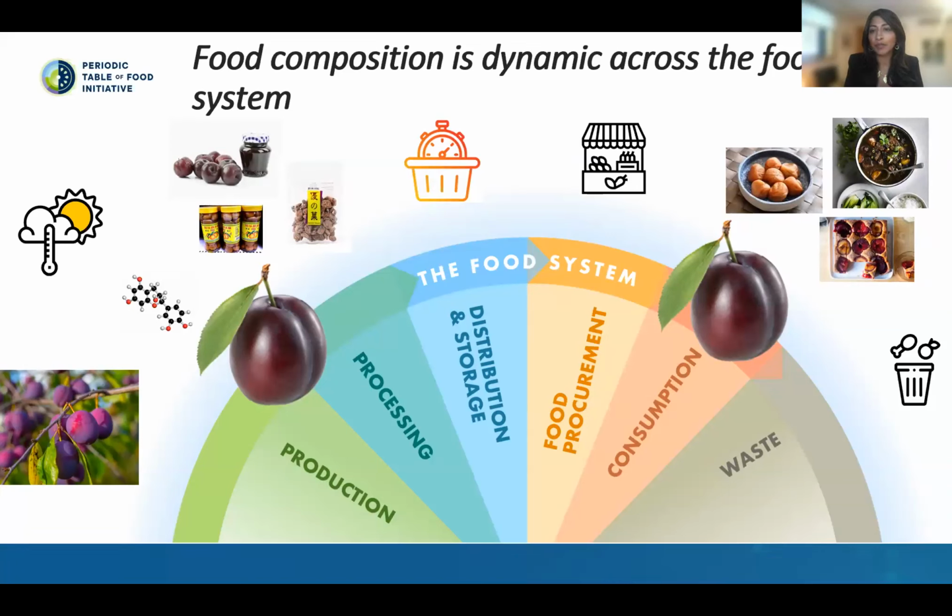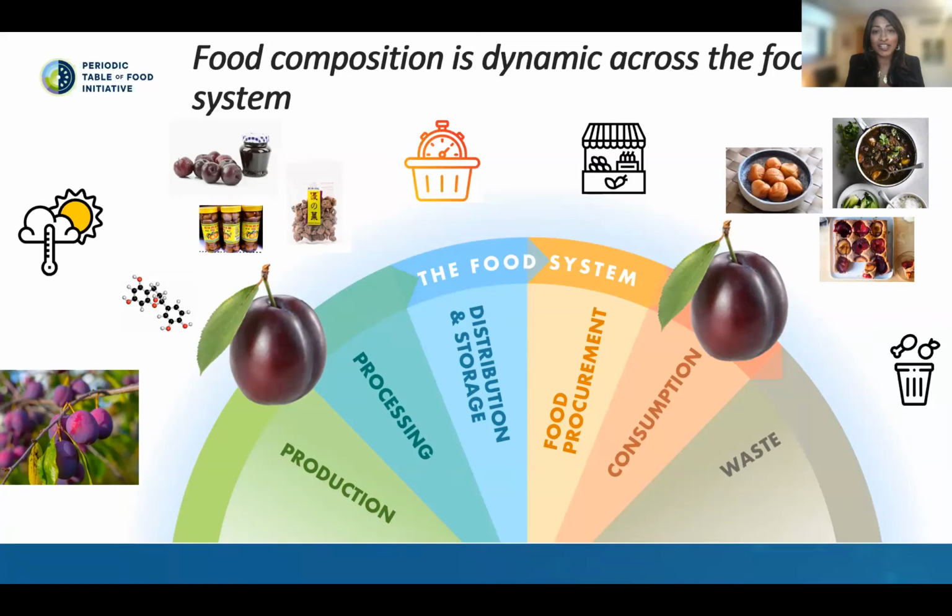And so, for example, plum, the scientific literature already indicates the composition can vary based on multiple growing practices, including climate variables. And then as that plum travels across the food system, the composition can further vary. So this might be if that plum is processed into a preserve, if it's dried, or if it's pickled.